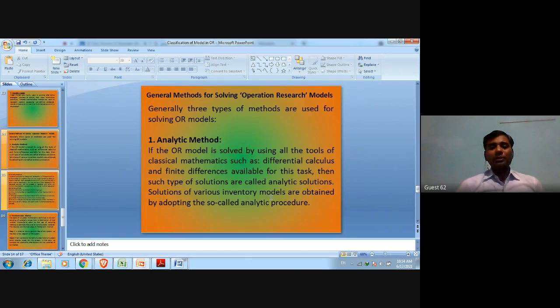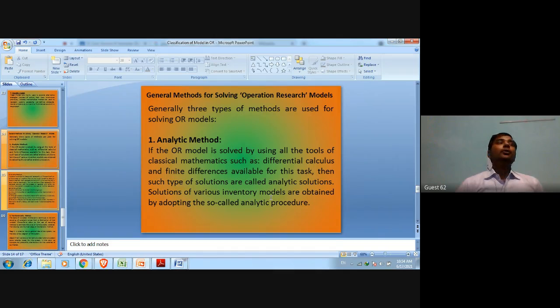If the operations research model is solved by using all the tools of classical mathematics, such as differential calculus and definite differences available for this task, then such a type of solution is called an analytical solution. Solutions of various inventory models are obtained by adopting the so-called analytical procedure.